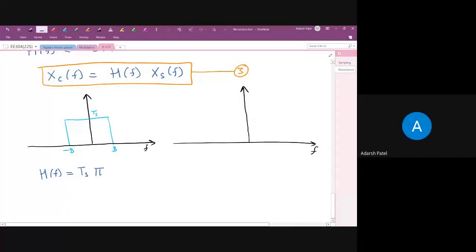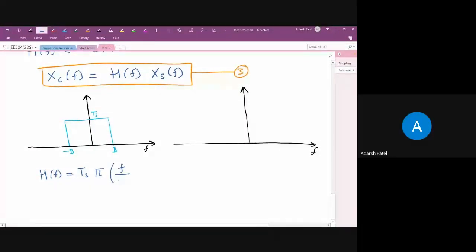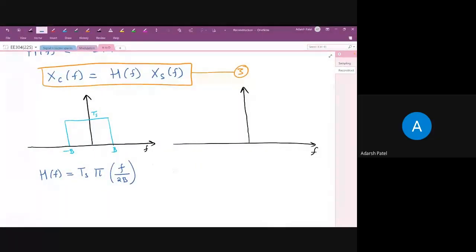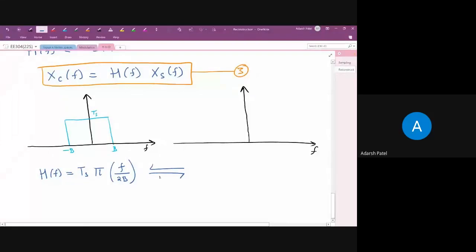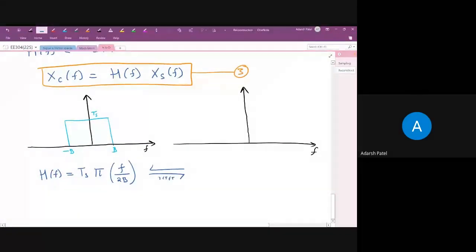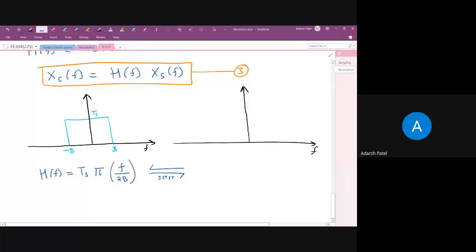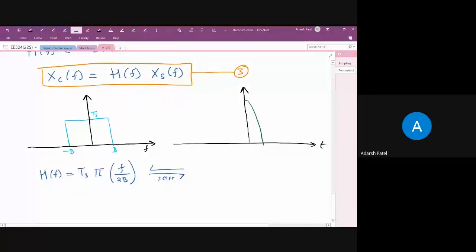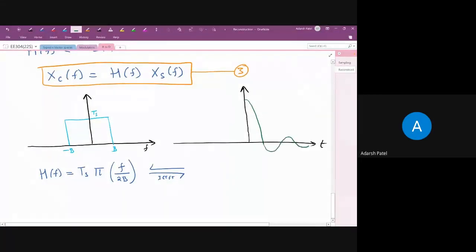It will be a sinc function, yes, correct. If I take the inverse continuous time Fourier transform, ICTFT, this is no longer in f, it becomes a function of time t. And how does this signal look? This signal goes like this.